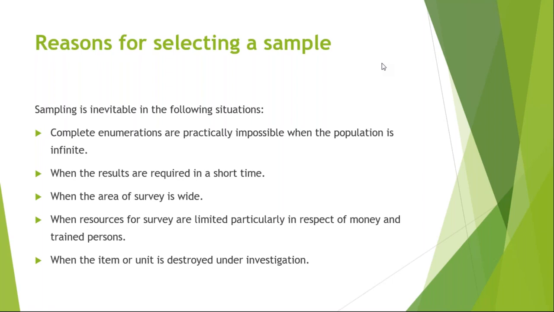If you don't have enough resources, maybe you don't have a lot of trained enumerators to collect such information, there's not much money, also use sampling. Then when the item or unit is destroyed under investigation, just pick the remaining sample, the little you can find in that particular place, and use it for your investigation. So those are some of the reasons we need to use sampling.